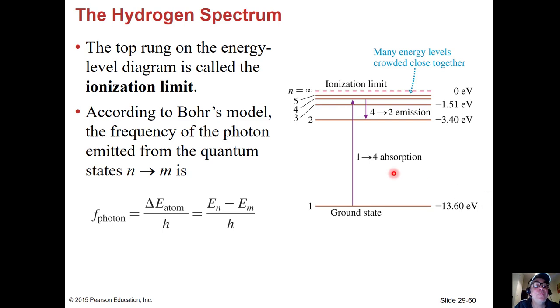Okay, so according to the Bohr model, the frequency of a photon when you go from state n to m is the difference in energy over h. So what does this come from? Remember, the energy is h times f. If you solve for f in that equation, you get the difference in energy over h. Okay, so this is not really new. We saw this sort of equation back in Chapter 28.